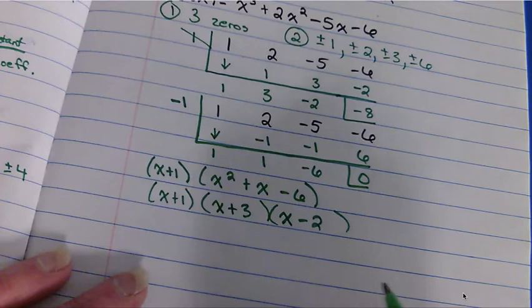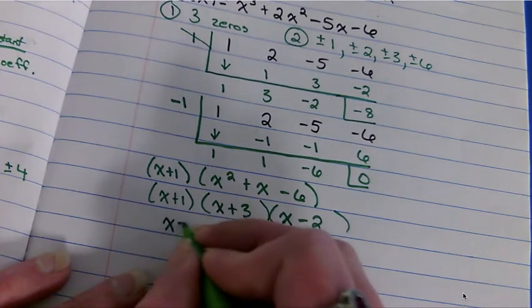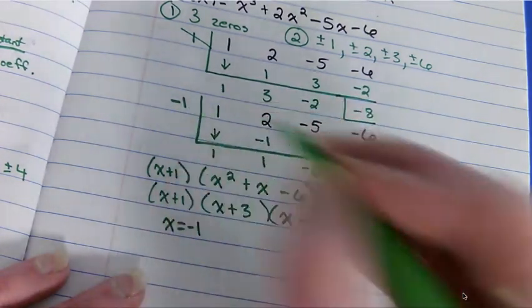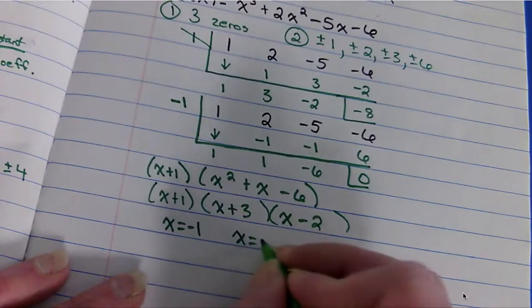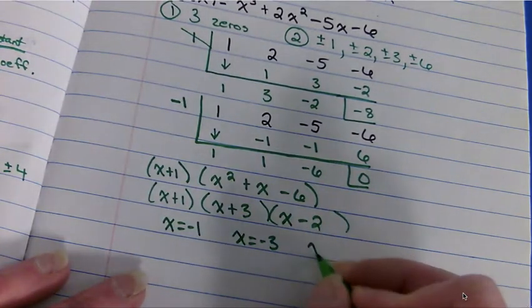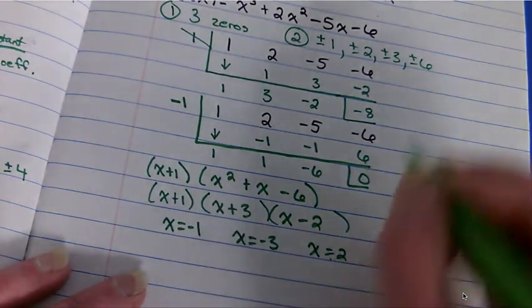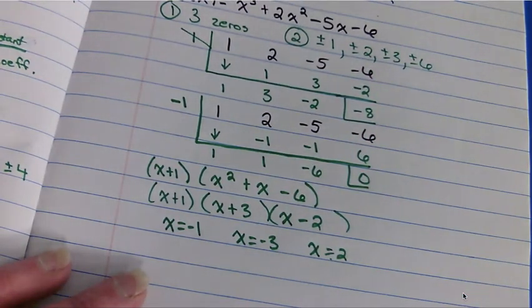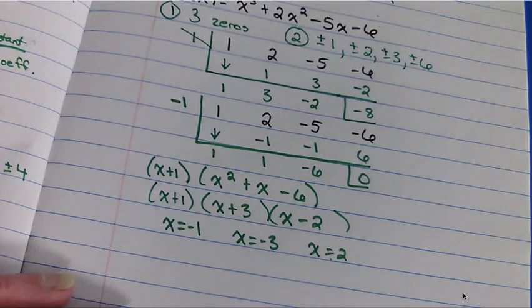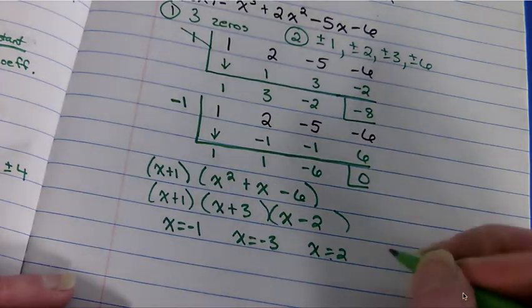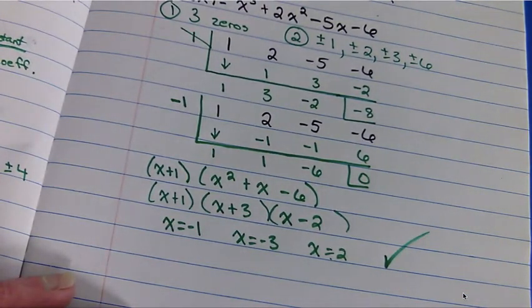And if I set each of those equal to 0, I get x equals negative 1, which is what I had there. This would be x equals negative 3 and x equals 2. Look how both of those were in the list of possible solutions. And I found all 3.